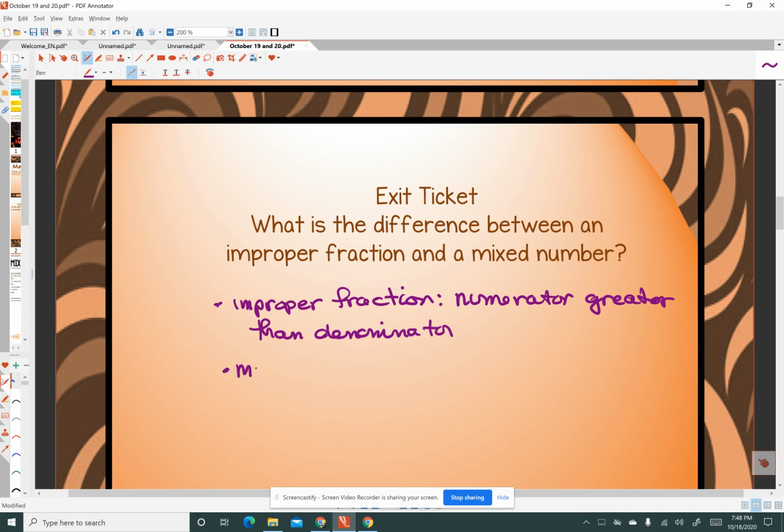And a mixed number is a whole number and a fraction.